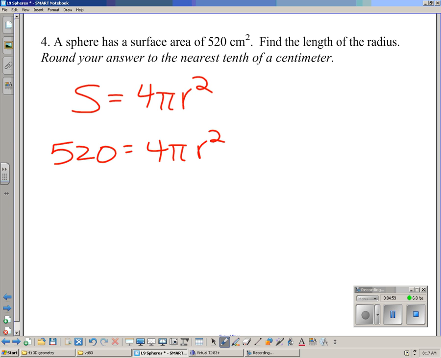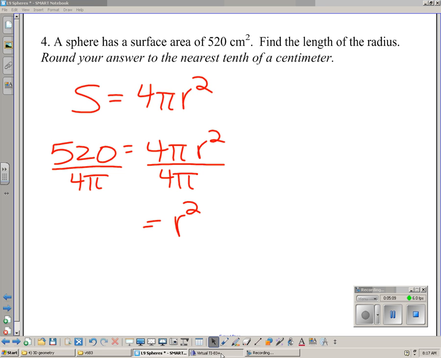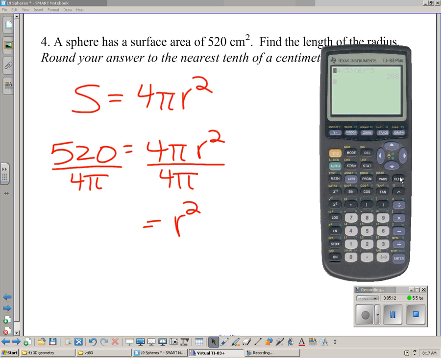The first thing we're going to do is this 4 pi times r squared needs to go away, so we're going to divide both sides by 4 pi. So we get r squared is equal to, and in the calculator we have to be very careful, we have to do 520 divided by parentheses 4 pi.